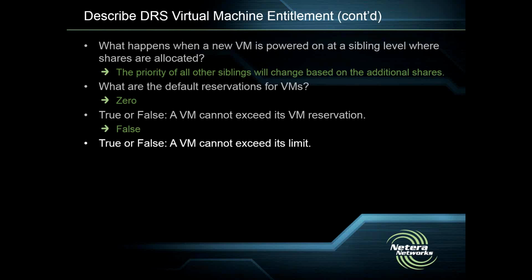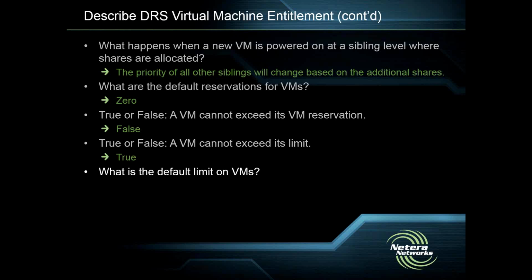I think I just gave this away. So true or false, a VM cannot exceed its limit. Now that makes more sense, right? It cannot exceed its limit, but it will always be guaranteed its reservation, so no other VMs can use those particular resources. That VM will always have the minimum amount of resources configured for its reservation.